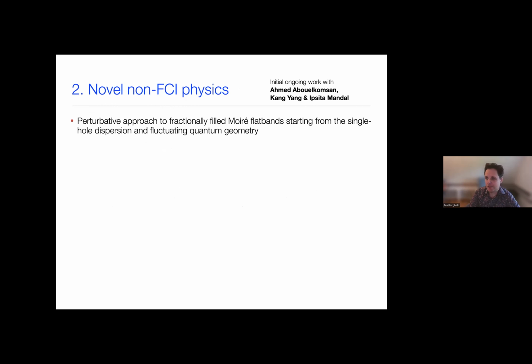Another thing is, of course, these materials are mostly known for novel non-FCI physics. And it can be interesting to look at this from a perturbative approach, starting from the single hole dispersion or from the fluctuating geometry.